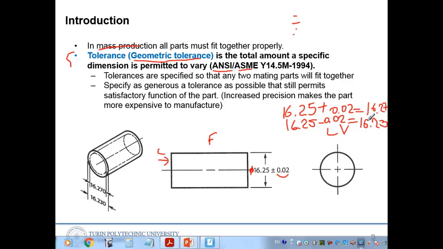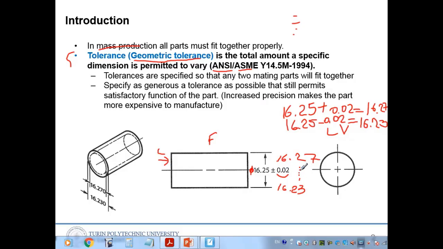Then the values from 16.23, there is 16.24, 25, 26, and the final one 27, right? So there are several values inside of this range. In between 23 up to 27, there are many values possible, like 16.235, 16.2357, 16.24, 16.245.